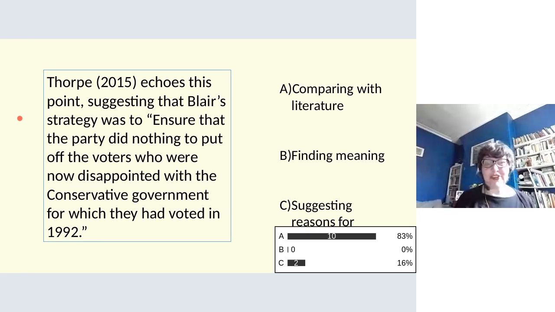Yes, that's what I thought, because in a sense, what you're seeing here, those of you who put C, is that in some ways, the reason for that finding could also be found in the literature. And I can see where you were going with that. And actually, in some of these non-empirical dissertations, sometimes that is a little bit blurred.